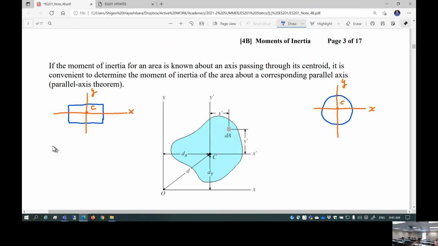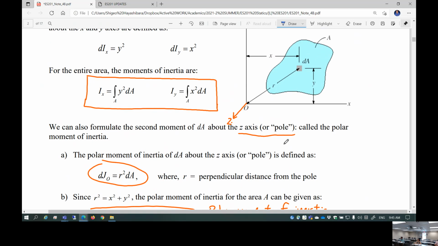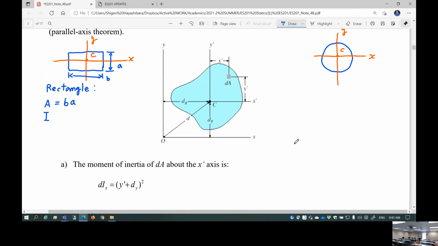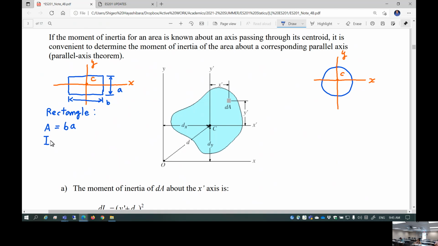So if it's a rectangular cross-section, obviously the cross-section area of this shape, let's say this is B. Let's say this is A. Cross-section area is B times A. Moment of inertia is I. So moment of inertia I about the x-axis.